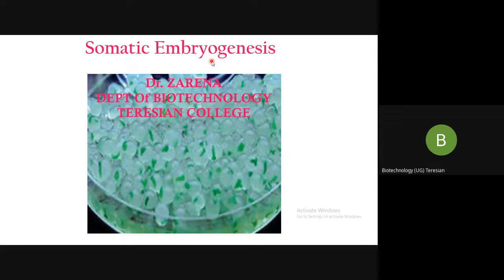So as I told you, coated, uncoated, desiccated, or hydrated, there are usually four types of production of somatic embryos. But sticking to the syllabus, we shall particularly deal with the hydrogels. These are the most common ones which I used.